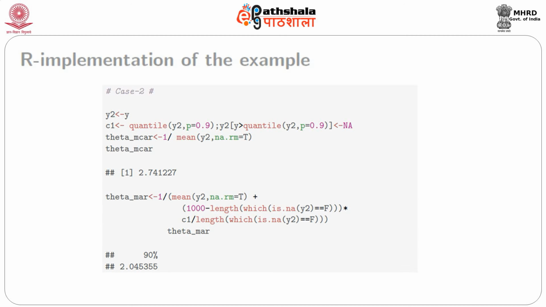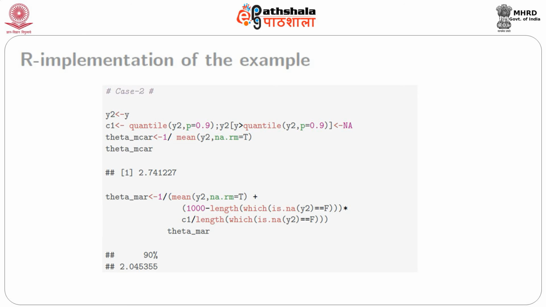Now, we impose the censoring scheme by censoring if the value has crossed the 90% quantile, which comes out to be 1.17. Here we first calculate theta MCAR, and that comes out to be 2.7412, while if we use missing at random and use the formula to find theta MAR, that value comes out to be 2.045.